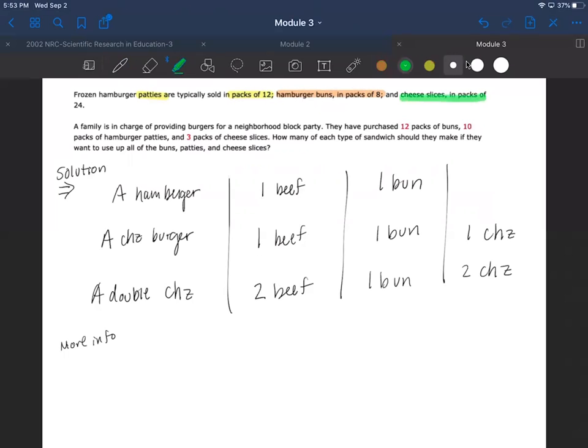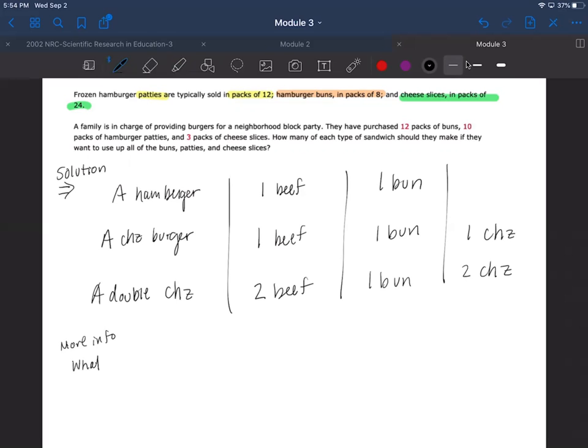And for cheese slices, 1 pack gives us 24. Looking at the second paragraph, this family is in charge of providing burgers for the block party. They purchased 12 packs of buns, 10 packs of hamburger patties, and 3 packs of cheese slices.